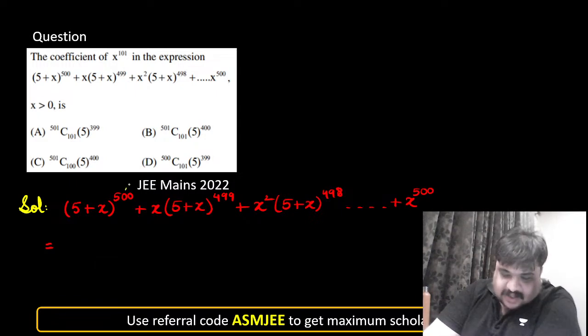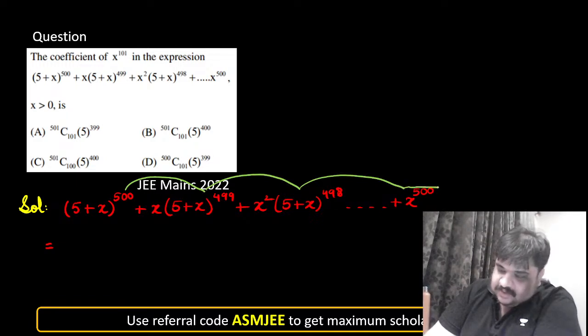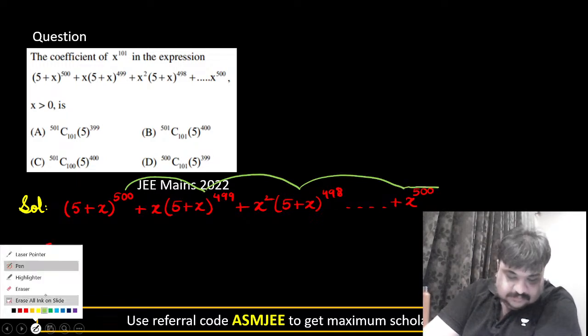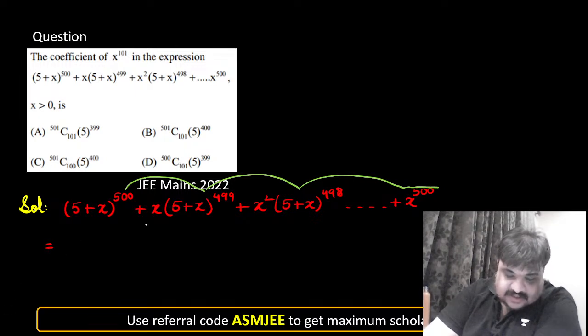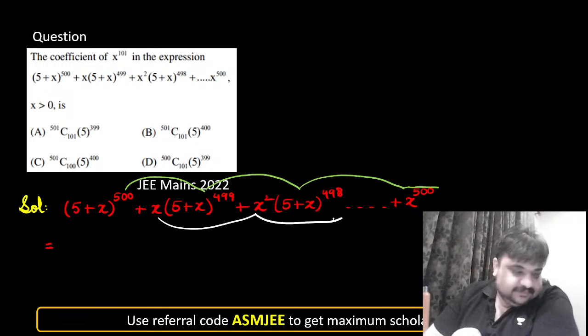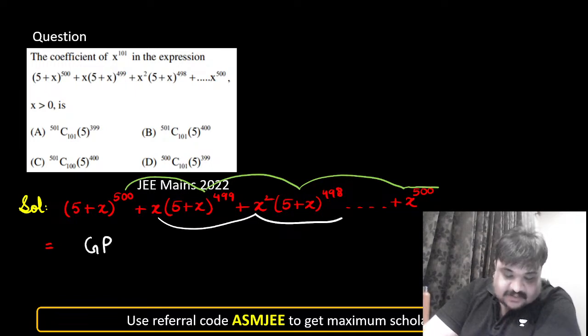See, power is reducing, then it becomes 0, then power of x is increasing. It is GP.